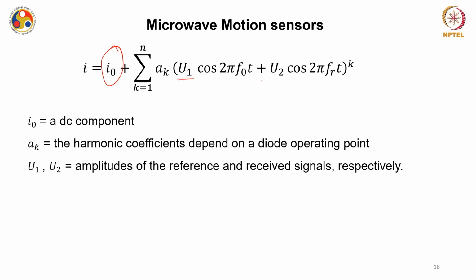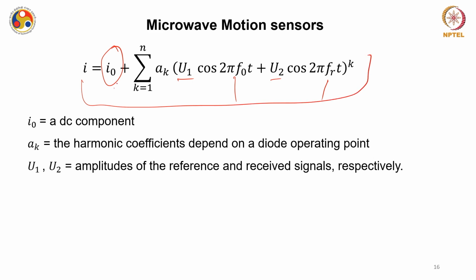U1 and U2 are the amplitudes of the reference and the received signal, and f naught and Fr are the frequencies of the reference and the received, or reflected, signal. So this is the equation for the current for the mixing diode.